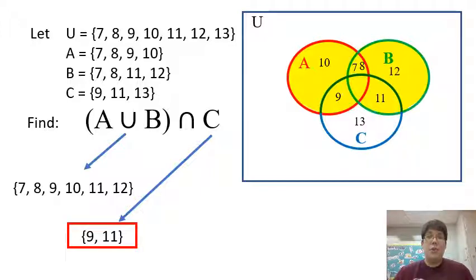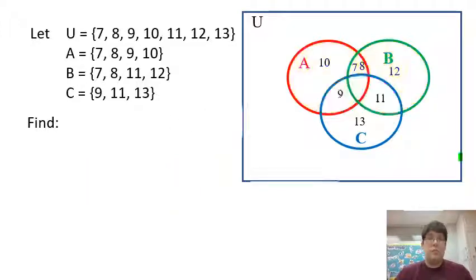Now if I intersect that with C, then I'm only looking at the areas that are common to the yellow shaded part and to C. And so you can actually see that this shaded red area is going to be my answer. And so that's how we got the 9 and the 11. So it's just a couple of different ways for you to see it. One with merely looking at the numbers in the sets, and then secondly looking at the Venn diagrams.